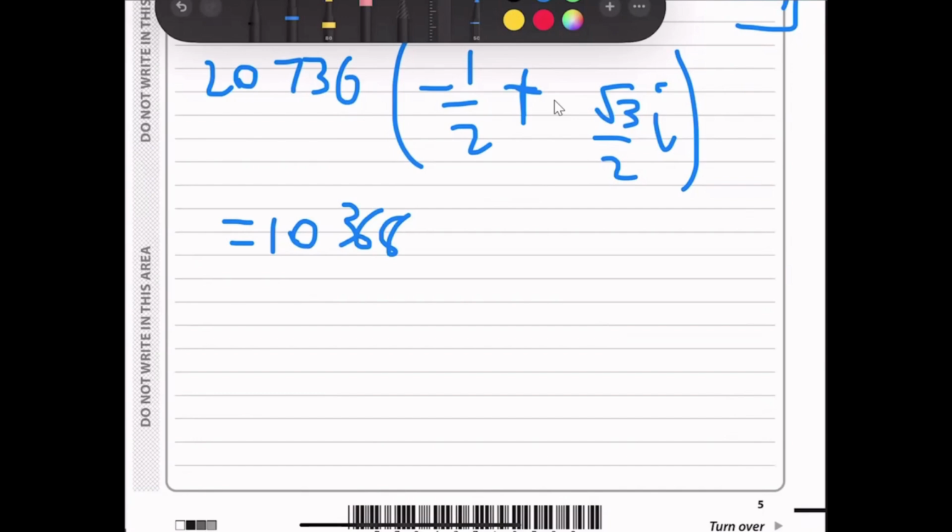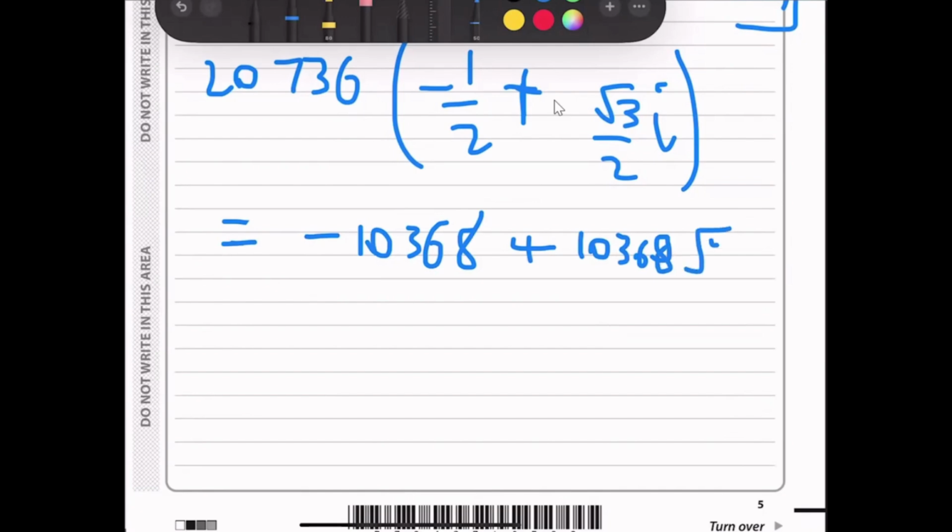Wait, that's minus, my bad. Minus 10,368 plus 10,368 root 3 i. Okay, so that's the answer to part B.